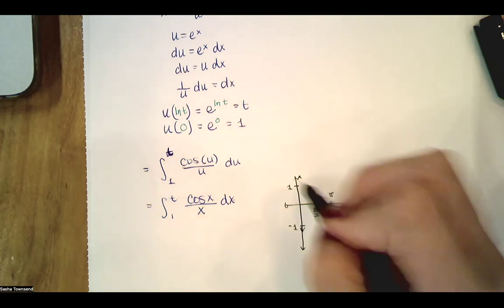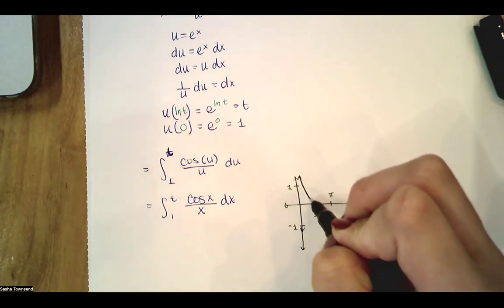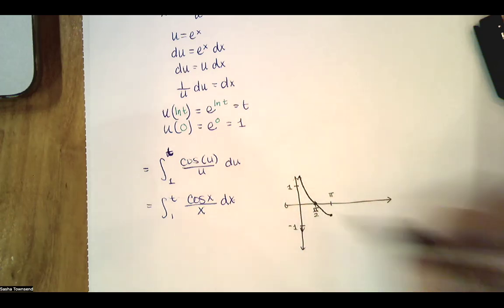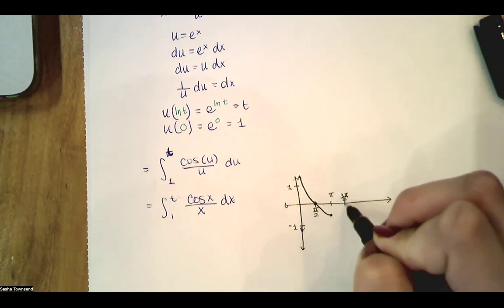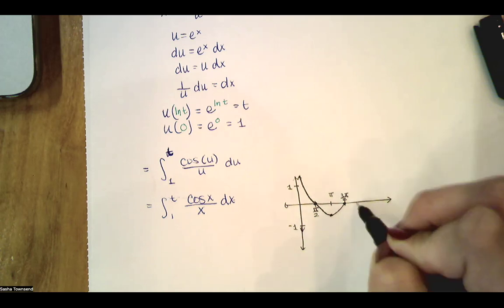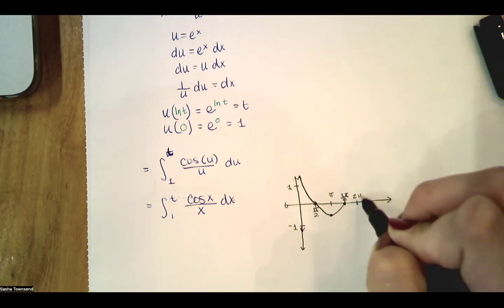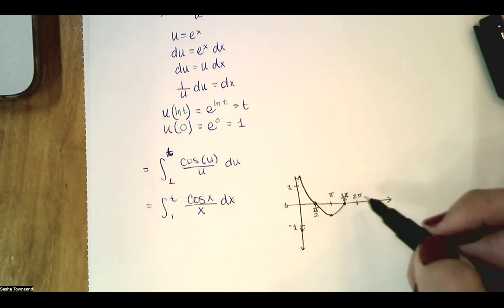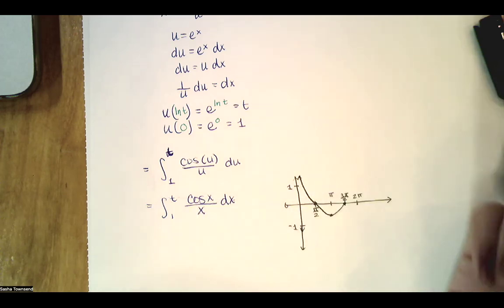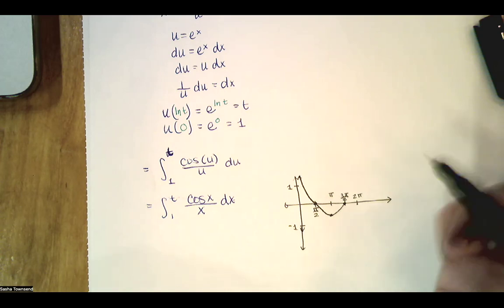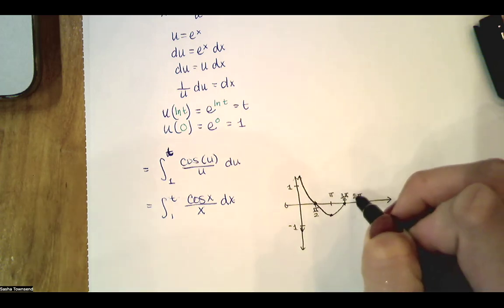So I have a -1/3 there. So I'll have something like that. And at 3 pi over 2, our function is 0 again. And then at 2 pi, we'll have cosine of 2 pi, which is 1, divided by 2 pi. So it's like 1 divided by 6, so 1/6.